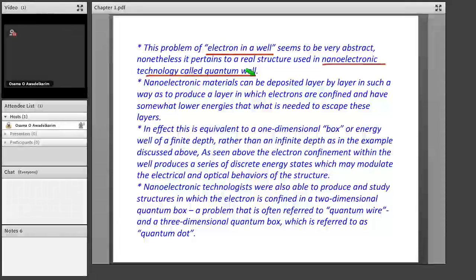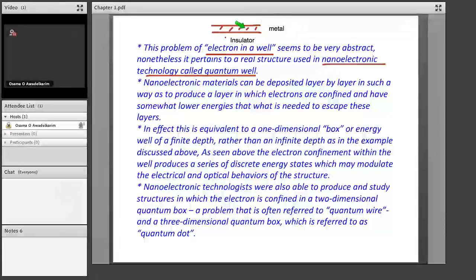Now, let's assume that you have an insulator here. So if this is an insulator, and then let's assume that we have a conductor, metal here. So metal has so many electrons.